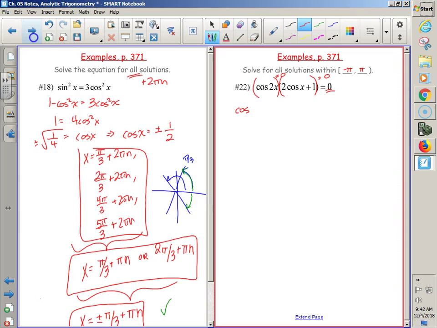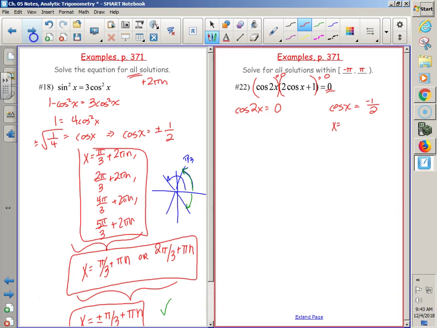We end up with cosine 2x can be 0, or can you guys do enough mental math to get the negative 1/2 on your own? Minus 1 divided by 2. When does this happen? Well, I think we talked about this one yesterday, and it ended up cosine being negative in the second and third quadrants, and 1/2 is 3, 2, 1 at pi over 3.